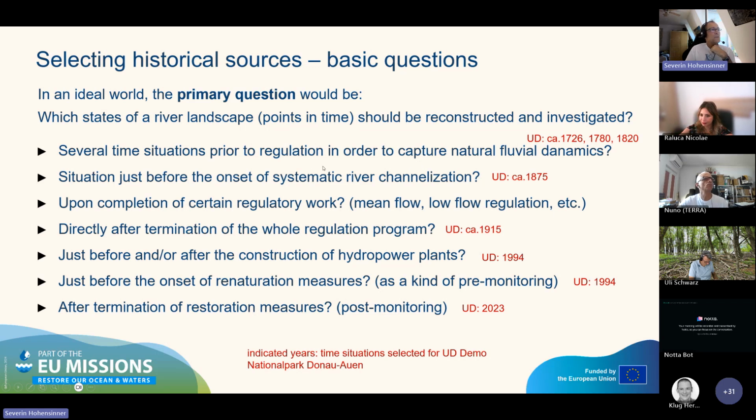Then just before the onset of the systematic channelization around 1875, directly after the regulation program in 1915, and then directly when the hydropower plant in Vienna was built in 1994, which is at the same time just before the first renaturation measure. And the situation today. So this would be ideal, and we have the chance because in Vienna we have so many historical sources and data. This is really very helpful.